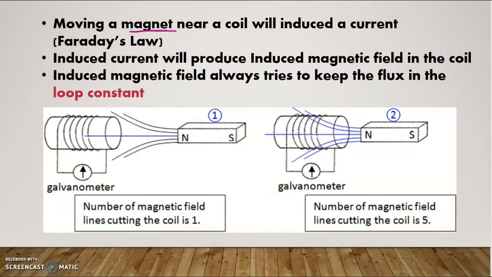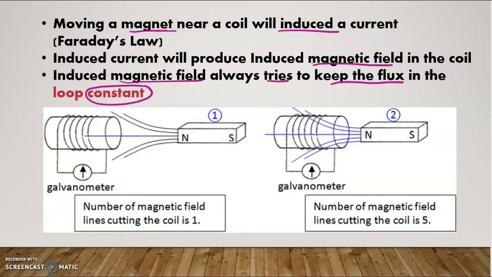This is an extra note for you. Moving a magnet near a coil will induce a current. According to Faraday's law, the induced current will produce an induced magnetic field in the coil. The induced magnetic field always tries to keep the flux in the loop constant. Look at this picture.